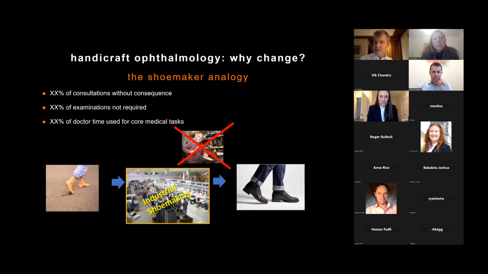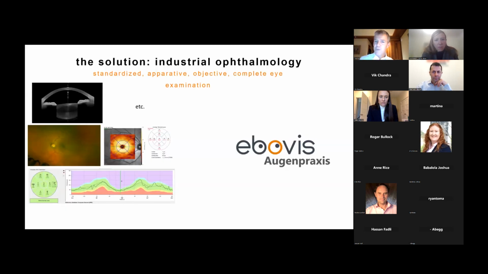The goal of this is to make a kind of an industrial examination of the eye, because medicine today is always very personal. Whenever you have a problem, you go and see a doctor, and he makes a very individual examination on you. If we do an automatic examination, we can use an industrial approach to look at patients.